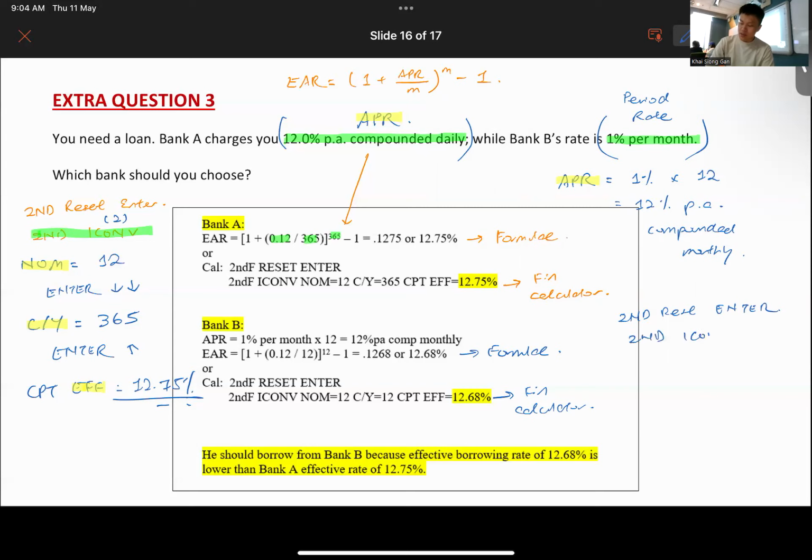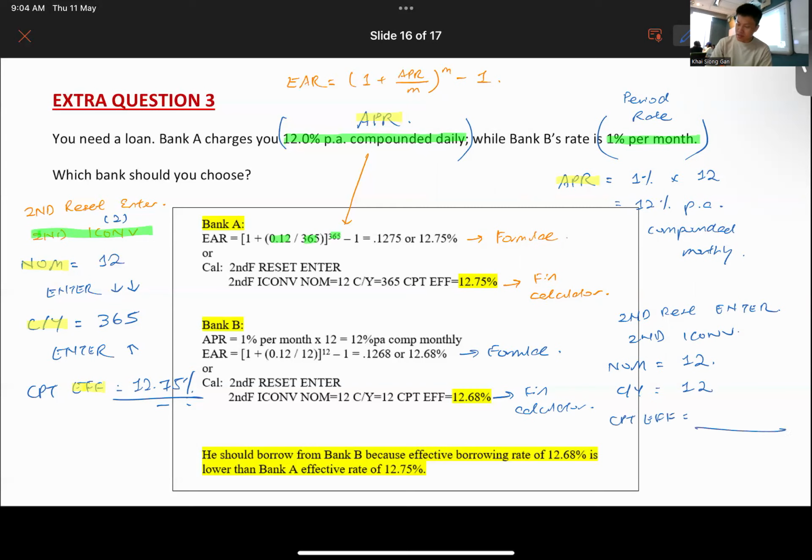Second, icon. Nominal rate is 12. Compounded how many times? Monthly. Monthly means 12 times. So compute EFF.